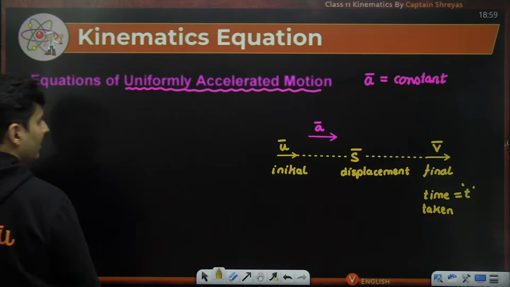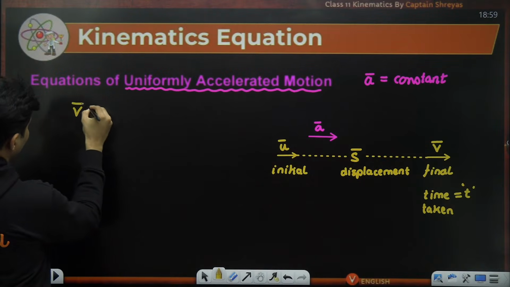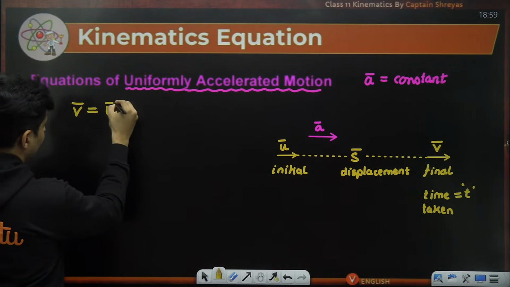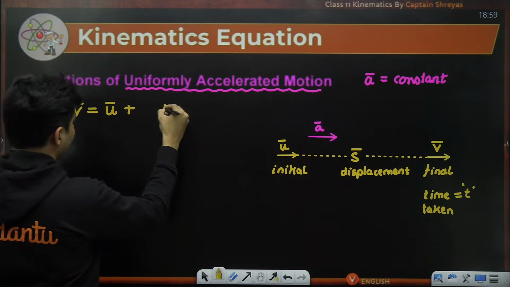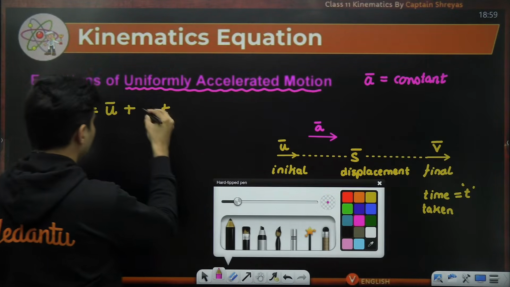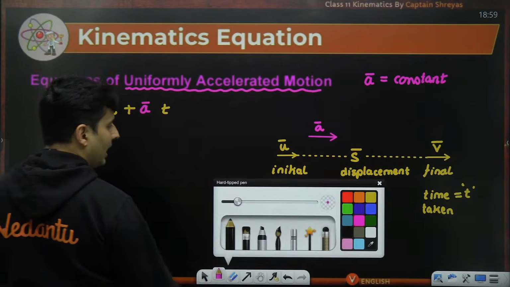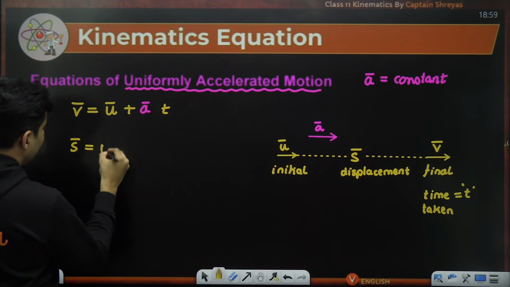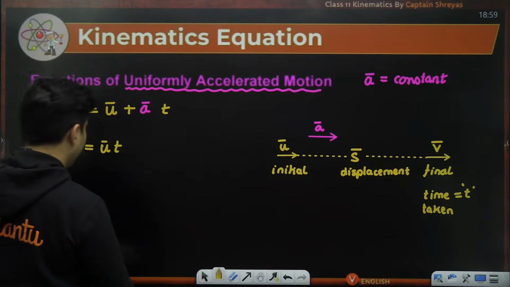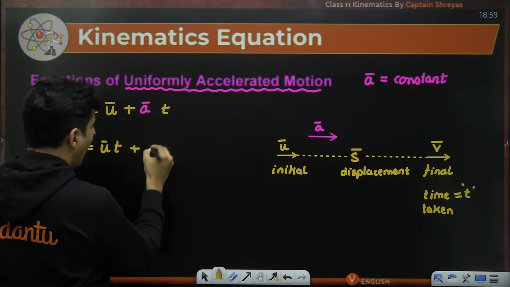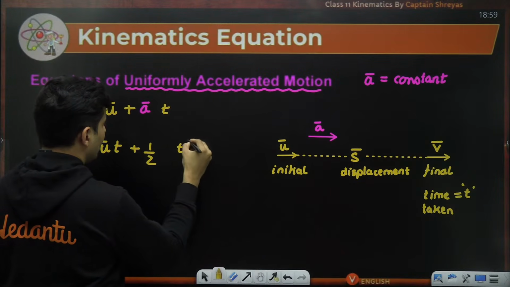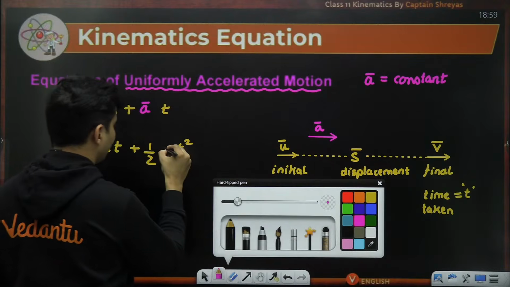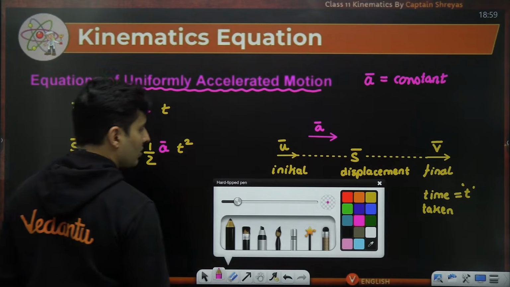For example, the first equation relates the velocity as the initial velocity plus acceleration multiplied by the time. The next equation relates the displacement. So the displacement is initial velocity multiplied by time plus half times acceleration into the square of the time.